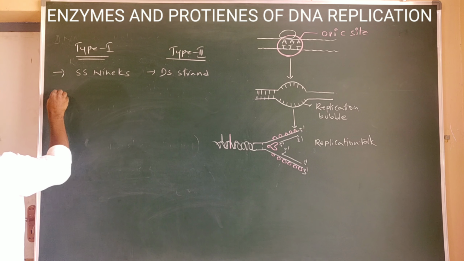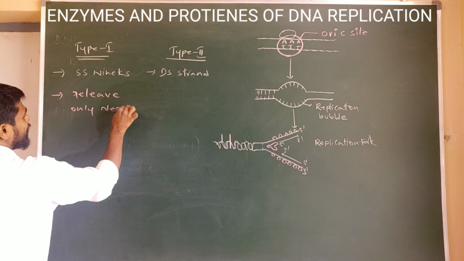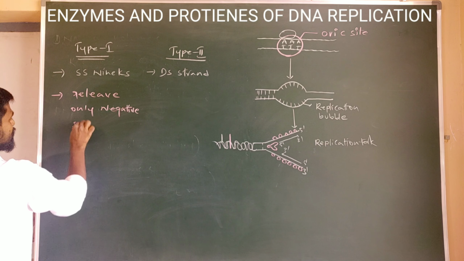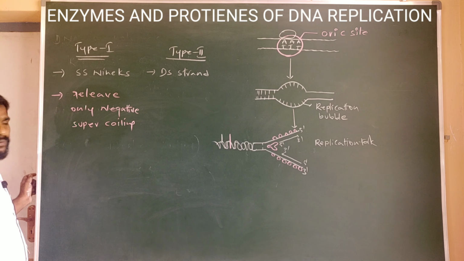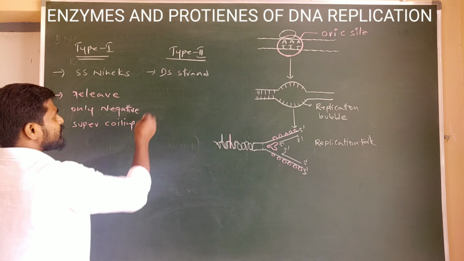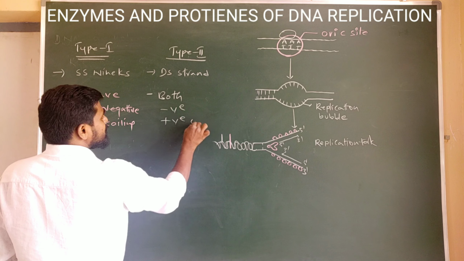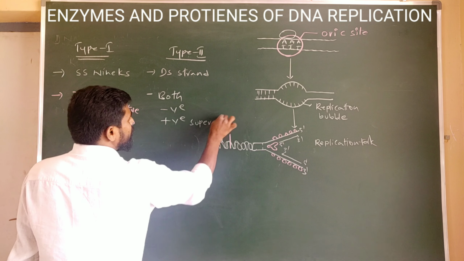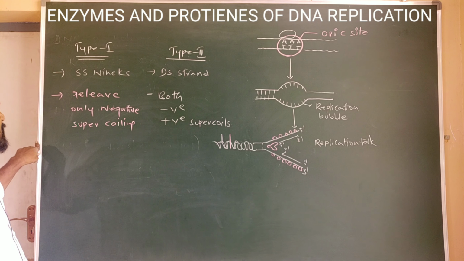The type 1 topoisomerases relieve only negative supercoilings on a DNA molecule. They release only negative supercoiling on DNA molecules, but the type 2 topoisomerases release both negative supercoils and positive supercoils formed on a DNA molecule during the unwinding process.